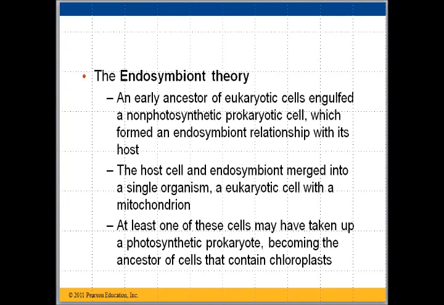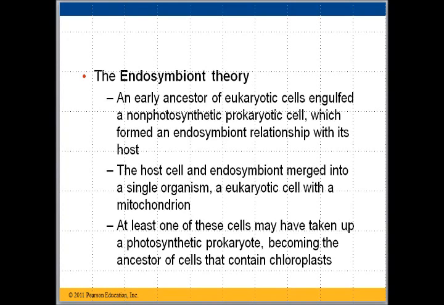So the thought is that an early ancestor of eukaryotic cells engulfed a non-photosynthetic prokaryotic cell, and instead of eating and destroying it, actually developed an endosymbiont relationship with that cell that it engulfed. So basically imagine that an amoeba comes upon another kind of cell and engulfs it as if it was going to eat it, but instead of eating it, for some reason, somehow, it doesn't destroy it, it allows it to live inside of it, and they develop this symbiotic relationship that helps each other out.